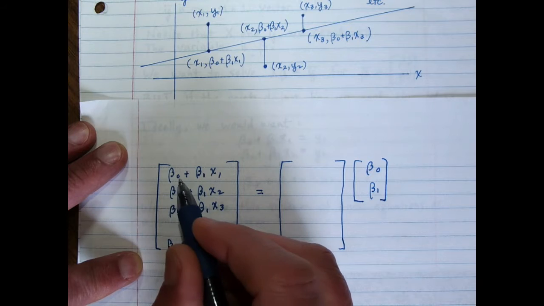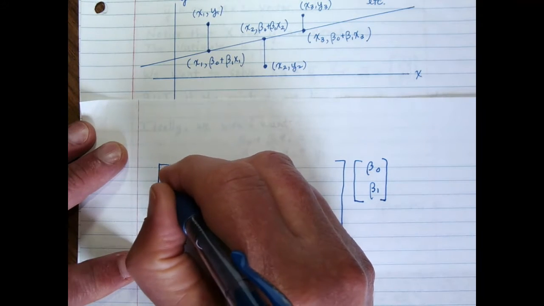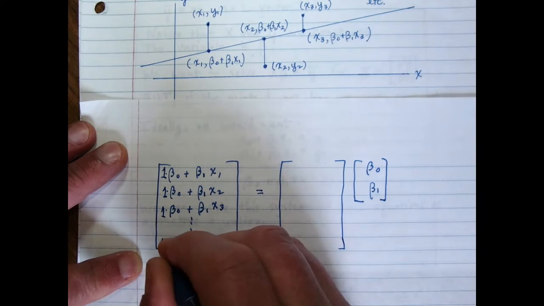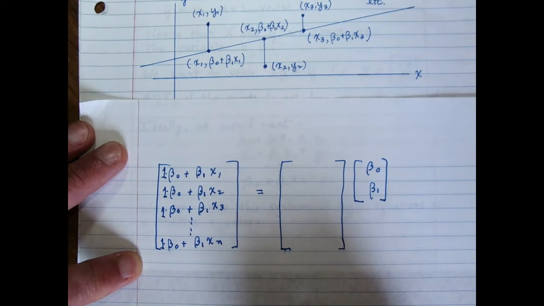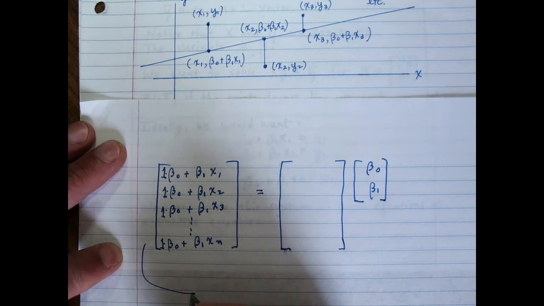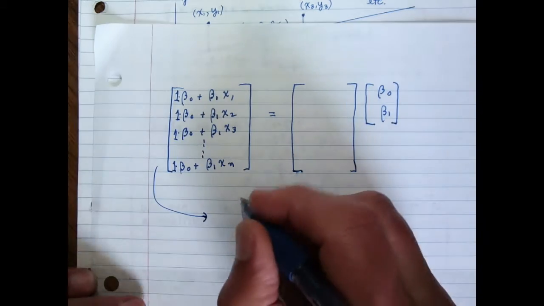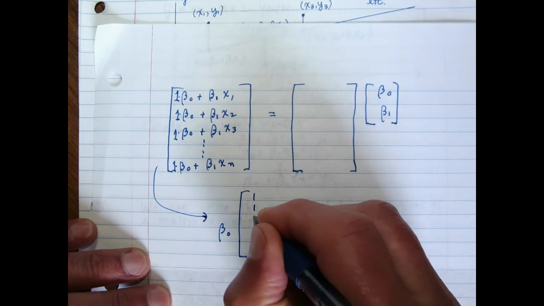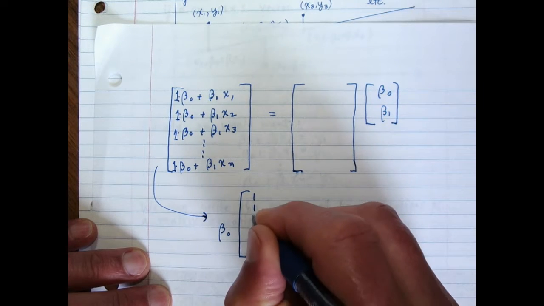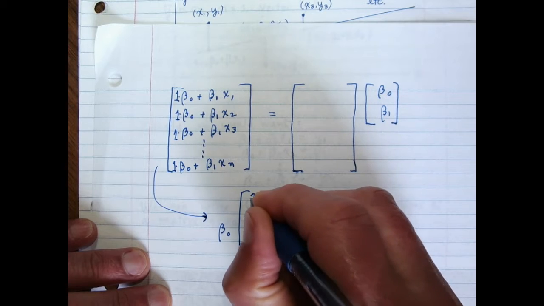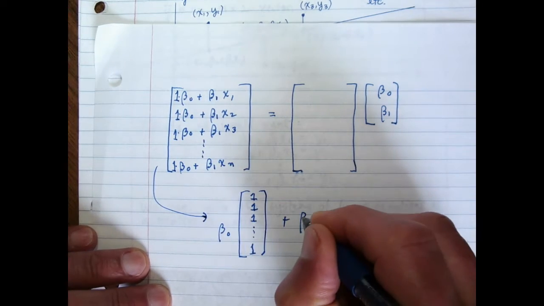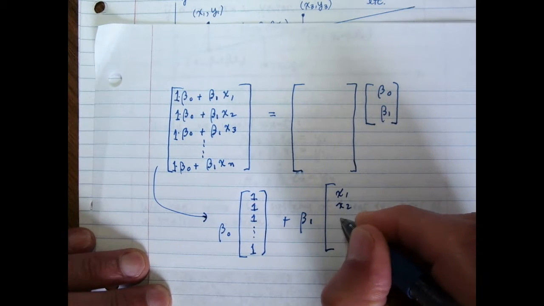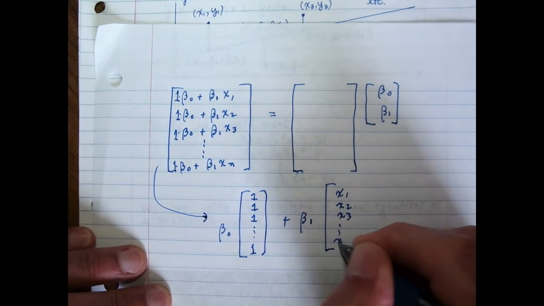And if I think of these coefficients of beta 0 as 1, all the way down the line, then of course I can just think of this as beta 0 times the column vector of 1s, all the way down the line, plus beta 1 times a column vector with entries x1, x2, x3 on to xn.